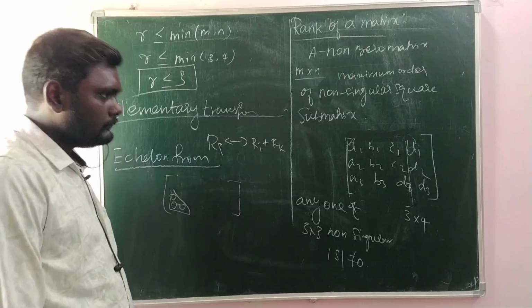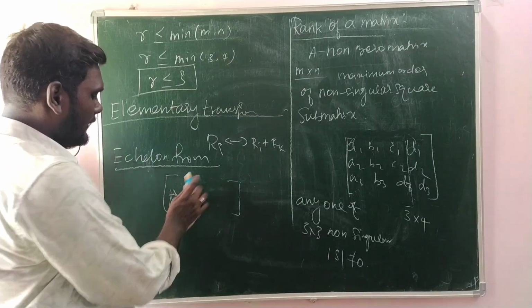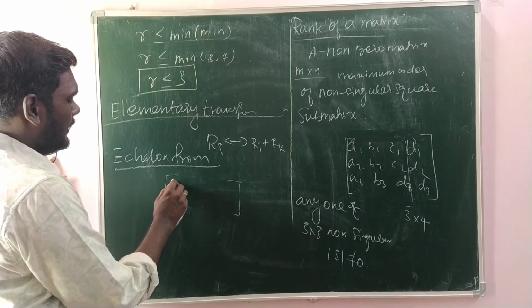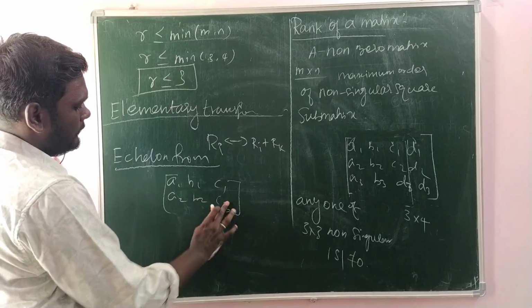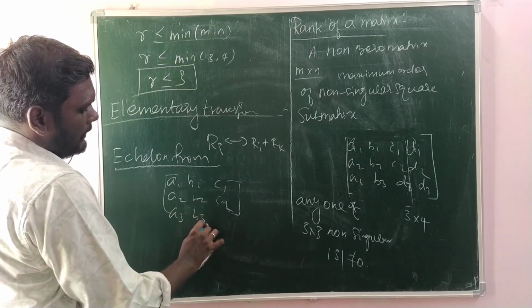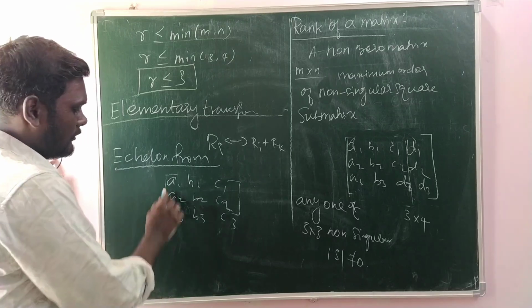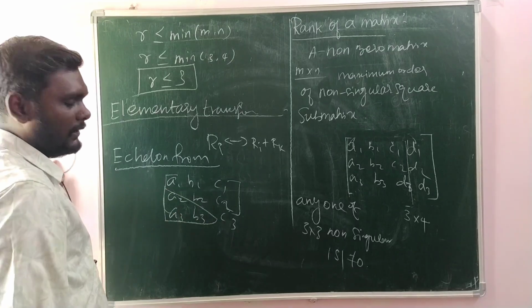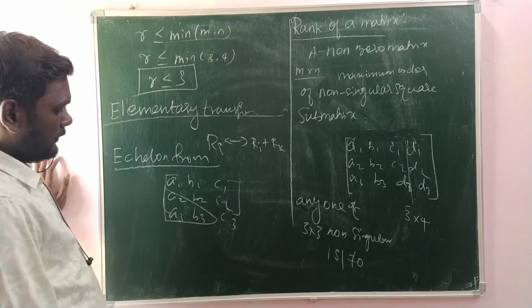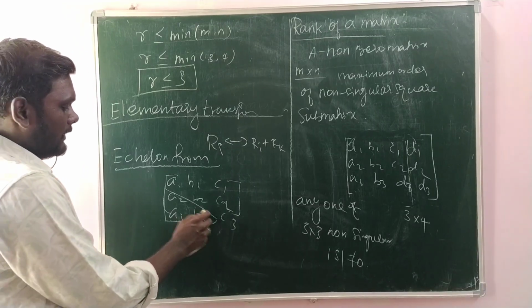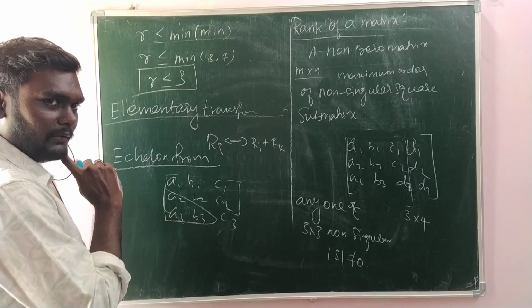With A1, B1, C1, A2, B2, C2, A3, B3, C3, we should make the lower triangle 0. So compared to the previous row, each row will have fewer non-zero elements.